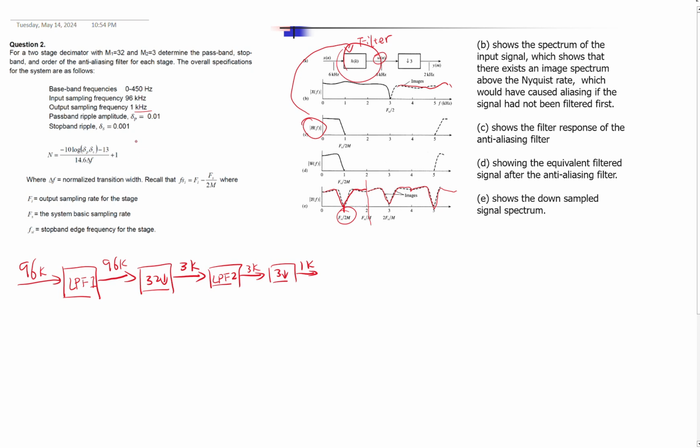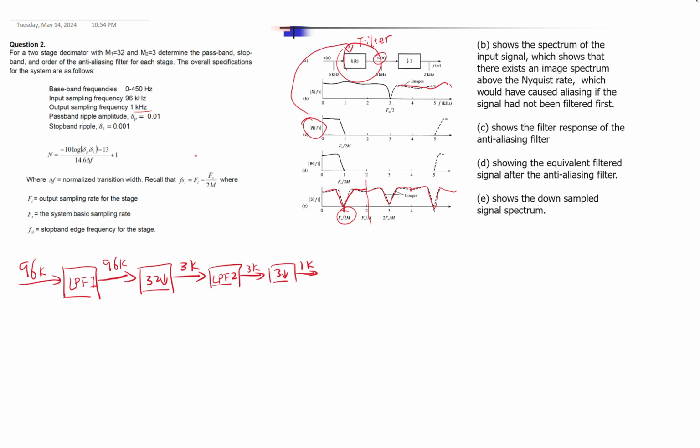To do this, we need several parameters. Delta P and delta S, the passband ripple and stopband ripple, are these 2 numbers, and delta F is the normalized transition width. We need to find it for each filter.